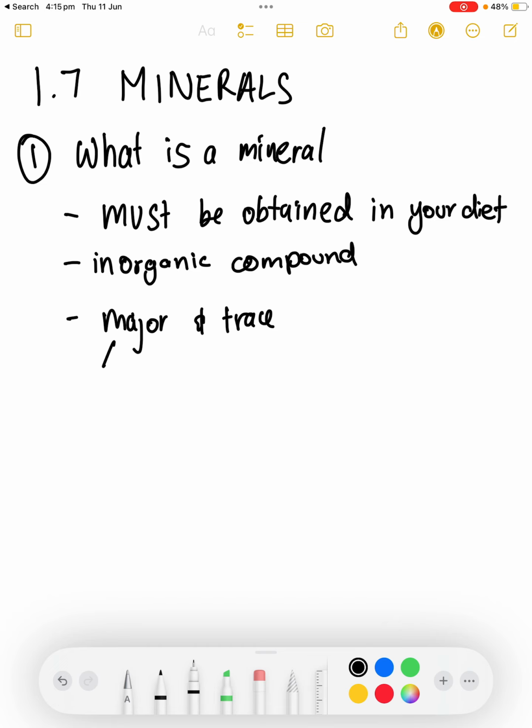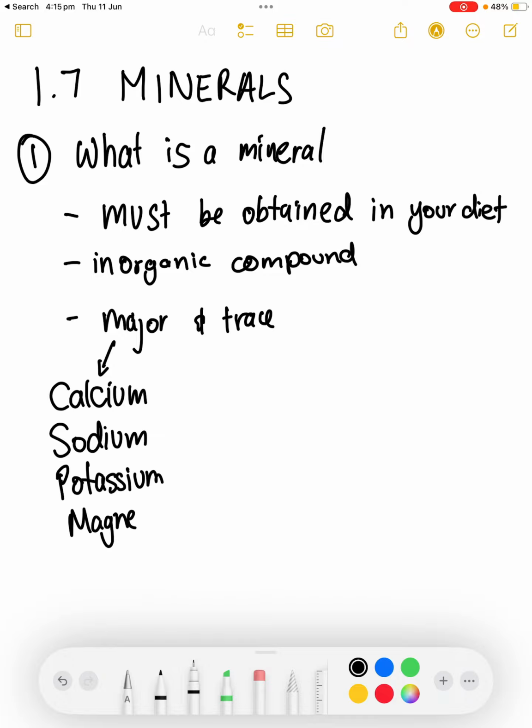And if we can just sort of rationalize those things, that's calcium, sodium, potassium, magnesium, all right, and trace being iron, zinc, manganese would be another one, boron even.